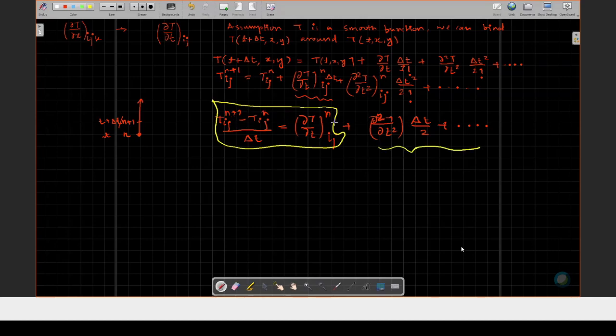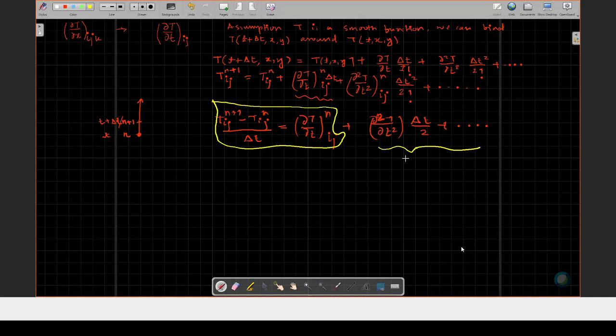When you want to convert the PDE, the partial differential equation, into these difference equations, T at ij n plus 1 minus T at ij n over delta t, we are neglecting these terms, these variations del 2T del t square, like that.